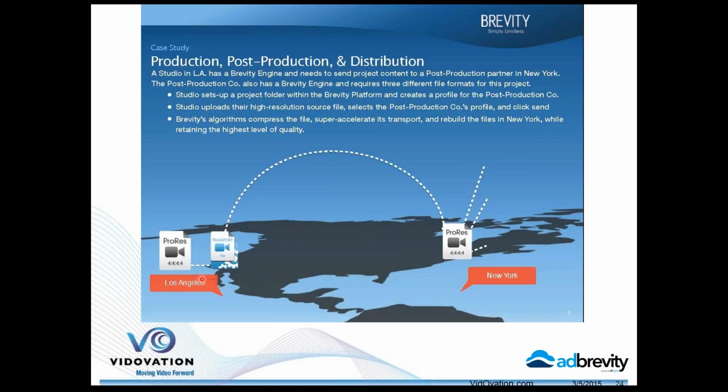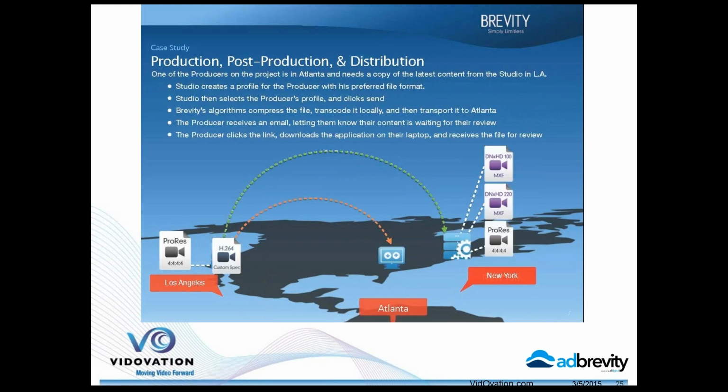We're sending a ProRes 4444 file to New York. They also want 3 additional formats. So you can see here, they wanted the native ProRes, they wanted a DNX HD220 and a 100.